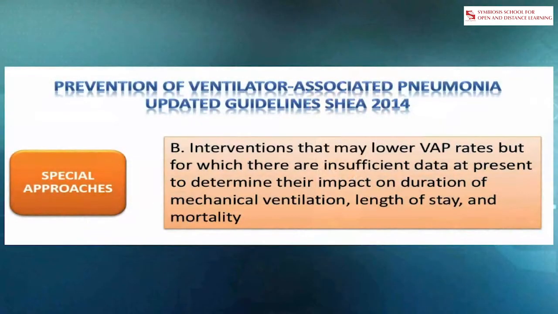And the next are interventions, special approaches to reduce VAP. So, decontamination of the digestive tract and oropharynx in the ICU. Where hospitals have higher rates of VAP and are doing all the basic recommendations, they can go for this to reduce the rates of VAP further.